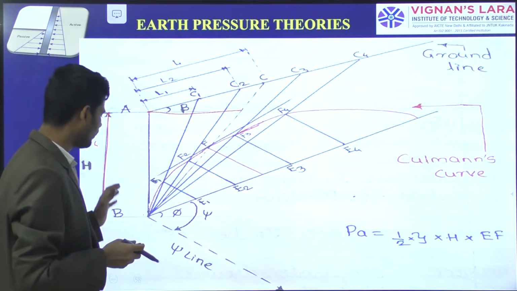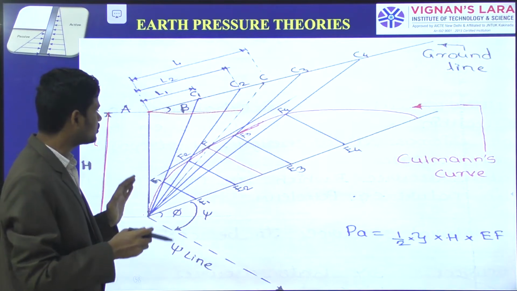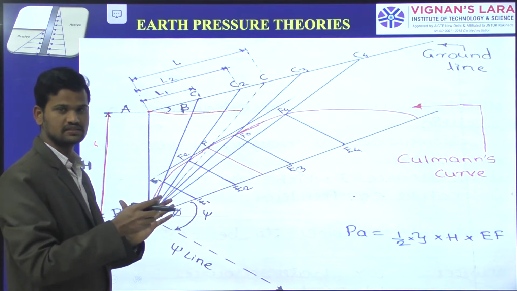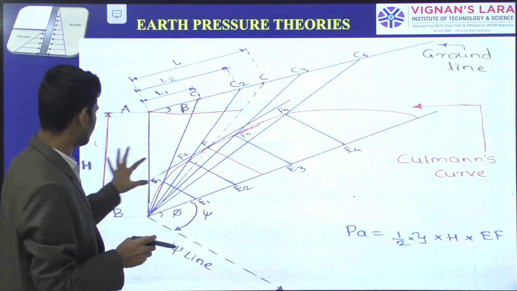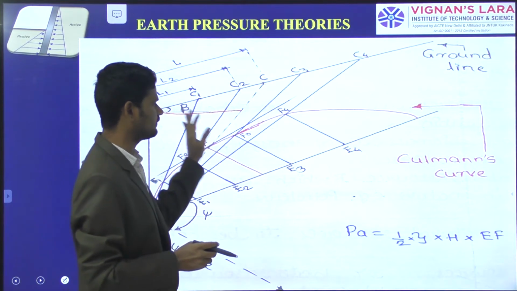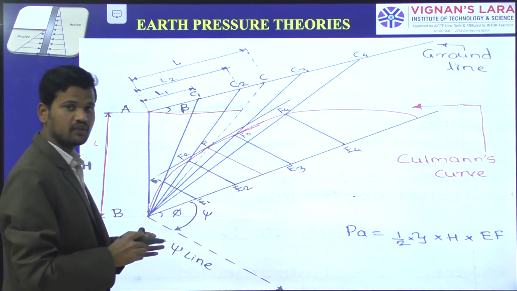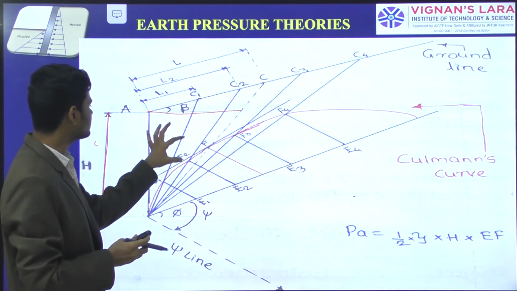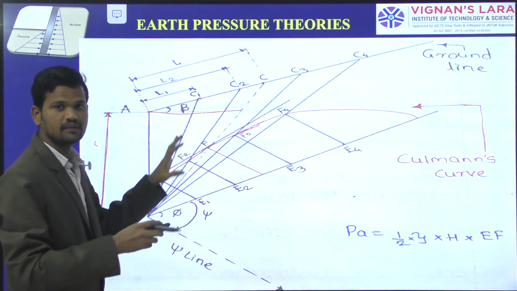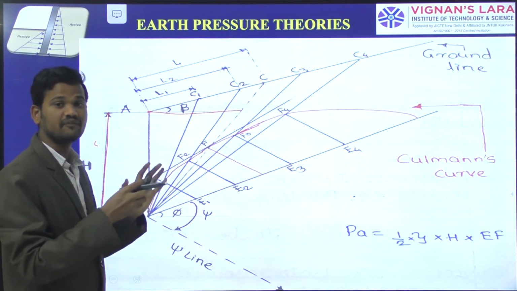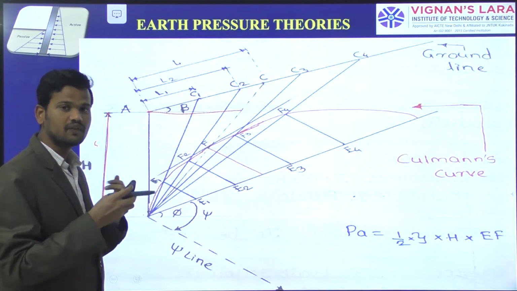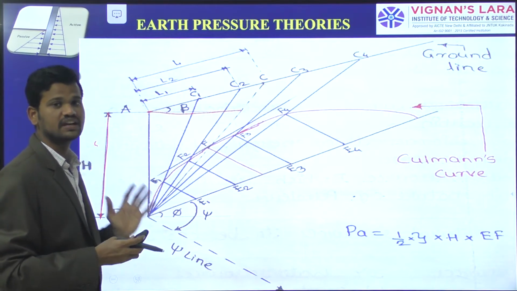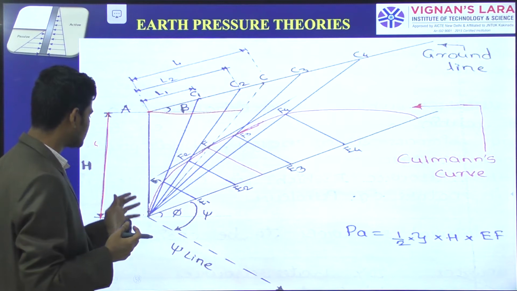Before discussing this pressure, first we assume the failure of the soil wedge. Suppose this is your retaining wall and this is the backfill soil mass. Due to the wall moving away from the backfill, the soil makes a plane failure wedge. How the failure wedge acts on the wall, we will discuss step by step.